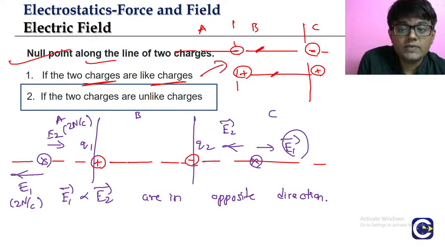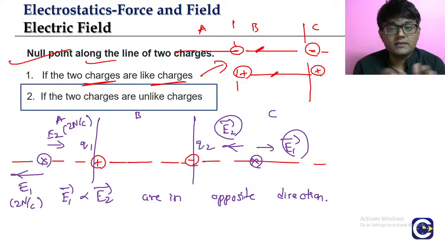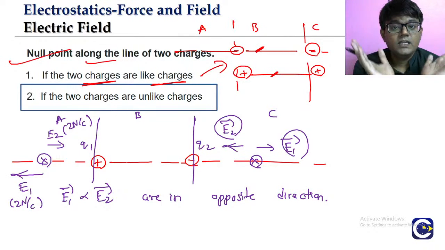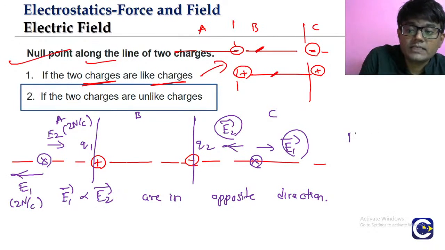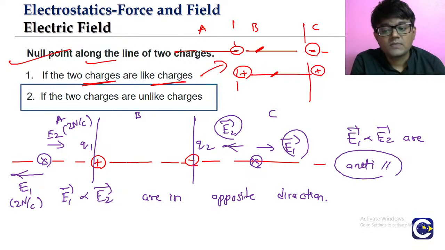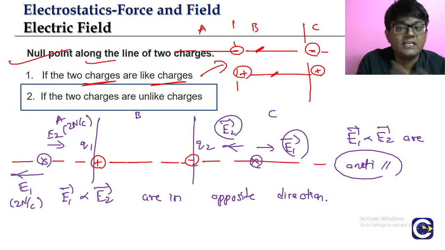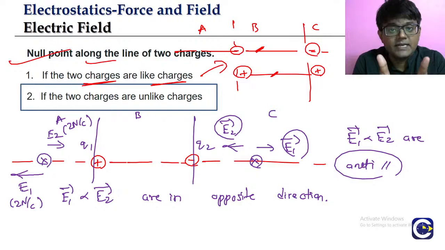Here also, the two electric fields are in opposite directions. So E1 and E2 are anti parallel. Because they are vectors, we can use the word anti parallel instead of opposite. Parallel means same direction; if opposite, we call it anti parallel.